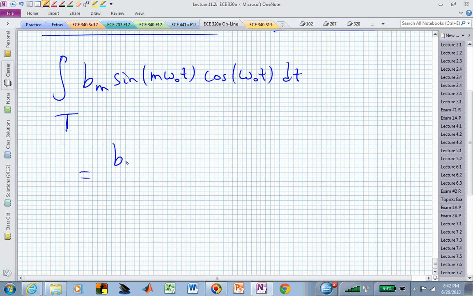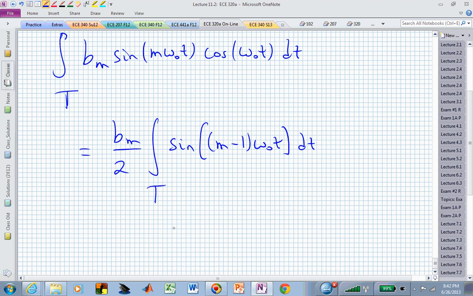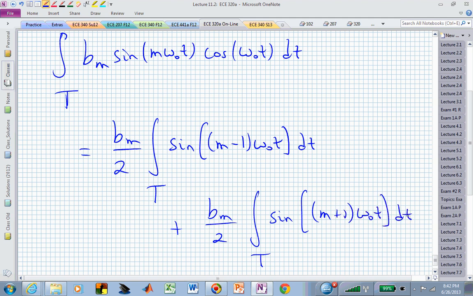Again, we can take the trigonometric relationship of the sine cosine product, and that's going to give us this 1/2 of sine of m minus 1 omega naught t dt over one period capital T, and then we have plus b sub m over 2 integral over T of sine of m plus 1 omega naught t dt.